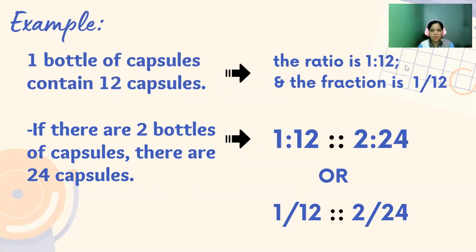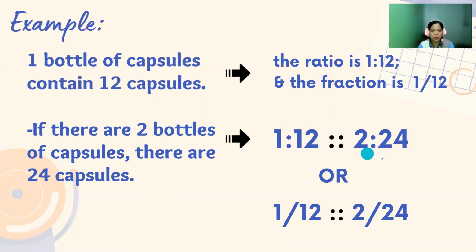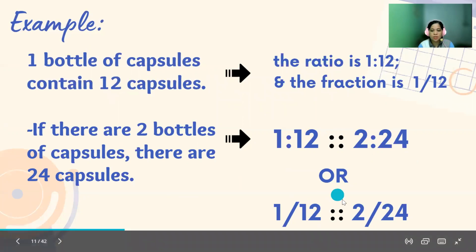The ratio is 1 is to 12, and the fraction is 1/12. If there are two bottles of capsules, there are 24 capsules, right? So 1 to 12 is proportionate to 2 is to 24, or 1/12 is proportionate to 2 over 24. Okay?